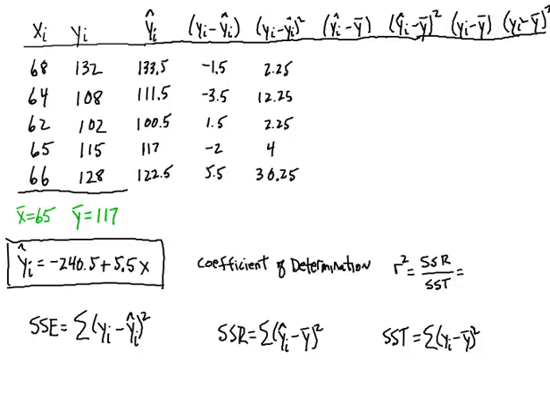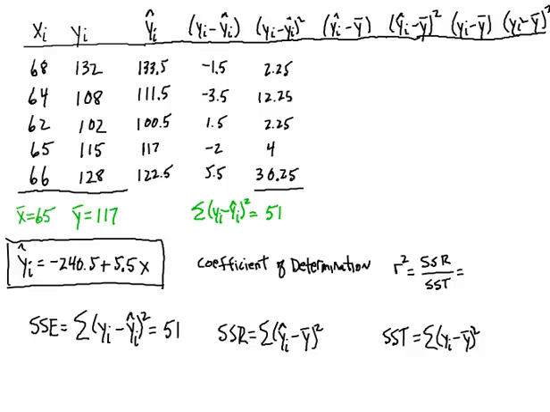Actually, at this point, I can go ahead and add these up, these squared differences. And I get 51. So I've actually calculated SSE is 51.